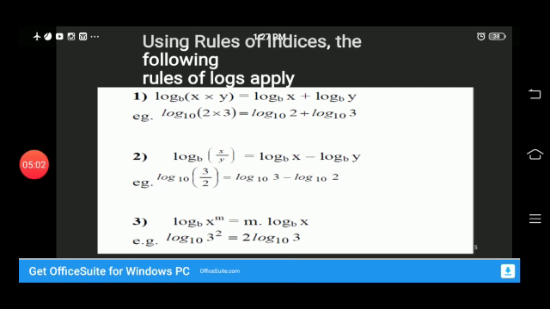Look over here: log of x raised to power m is equal to m log of x. Or we can take another example: log of 3 raised to power 2 is equal to 2 log of 3. I am not pronouncing base 10 every time, because a general log is the normal logarithm, which is of base 10. That is why I am not saying it again and again.